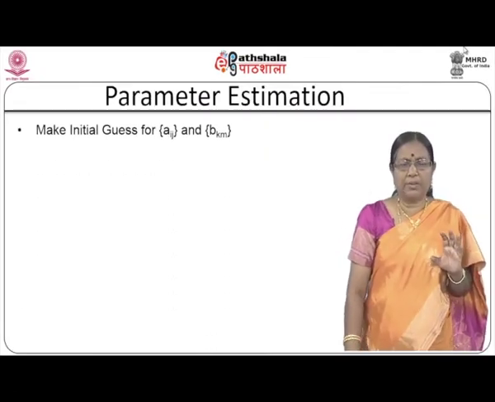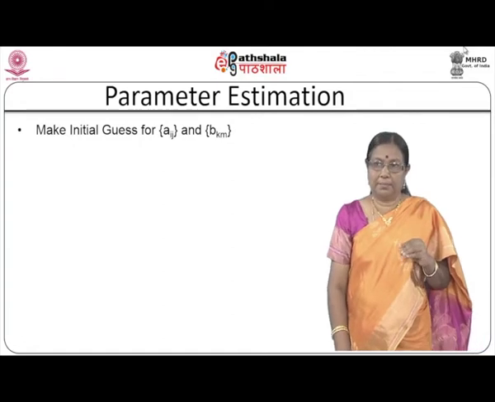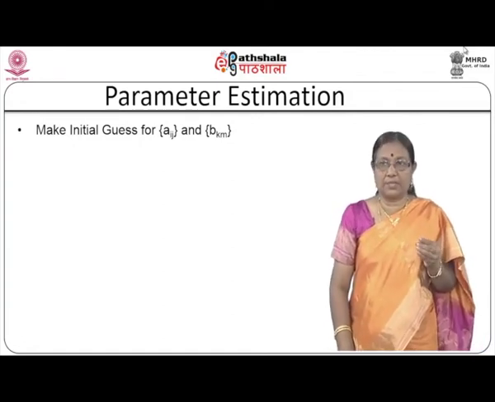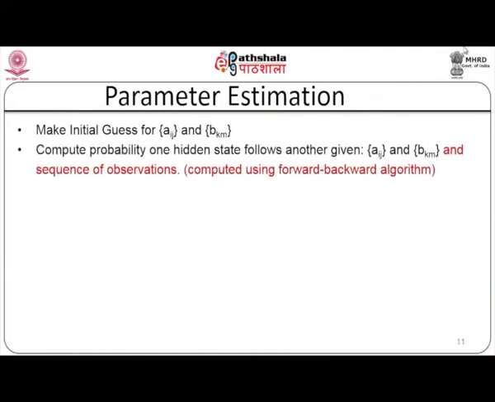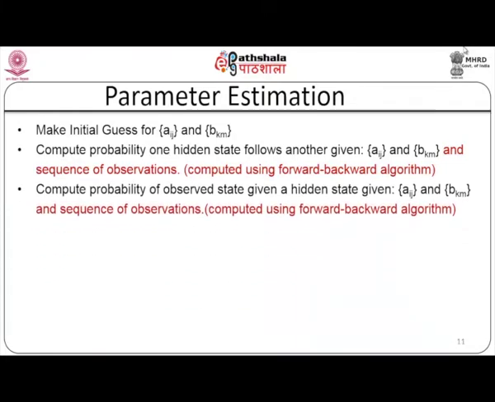So, as in any problem, we make an initial guess for the transition probability and the emission probability. Then you compute the probability that one hidden state follows another given the sequence of observations, which we can do using the forward-backward algorithm we have already discussed. Now, compute the probability of the observed state given the hidden state, and the probability of one hidden state following another.